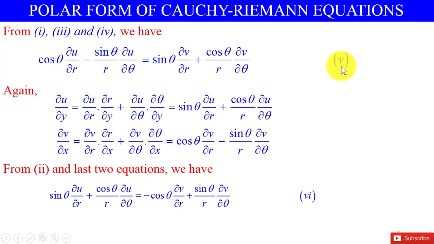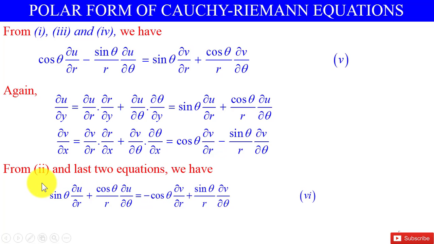This is equation number 5. Again, ∂u/∂y = ∂u/∂r ∂r/∂y + ∂u/∂θ ∂θ/∂y = sin θ ∂u/∂r + (cos θ/r) ∂u/∂θ. Similarly, ∂v/∂x = cos θ ∂v/∂r − (sin θ/r) ∂v/∂θ.